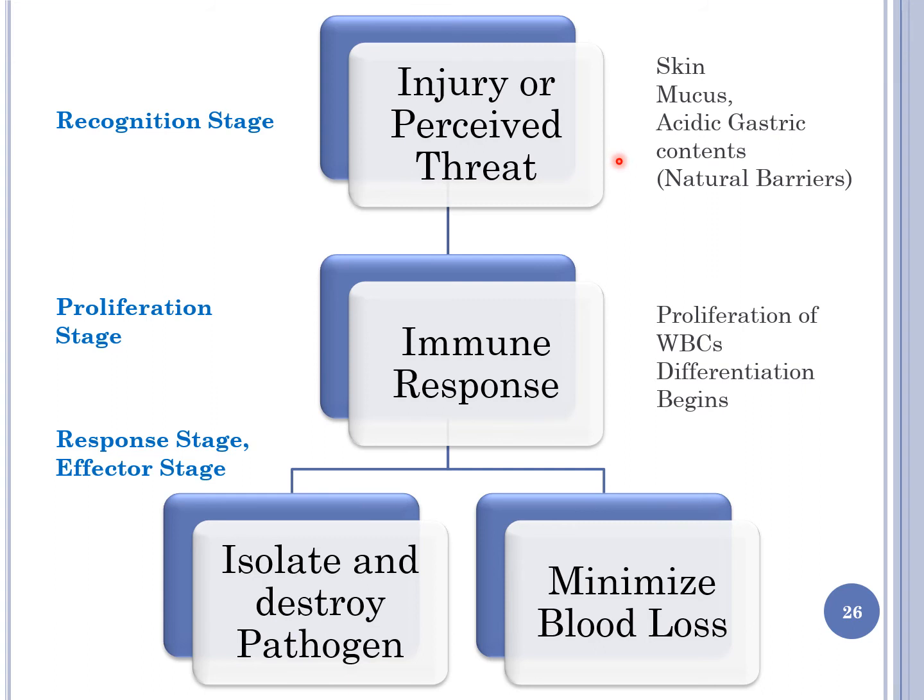Something happens to your protective mechanisms. Then you have an immune response, with your WBCs differentiation beginning, like do I need humoral versus cell-mediated, whatever. All of that happens. And then you isolate and destroy the pathogen, and the idea is you want to minimize blood loss as much as possible and protect your tissue to the best of your ability.